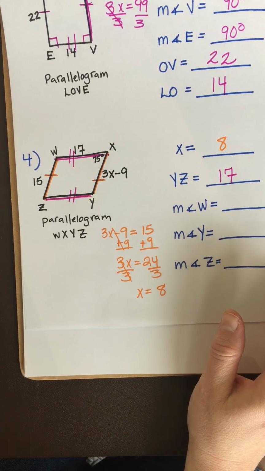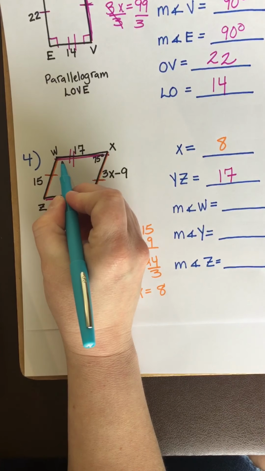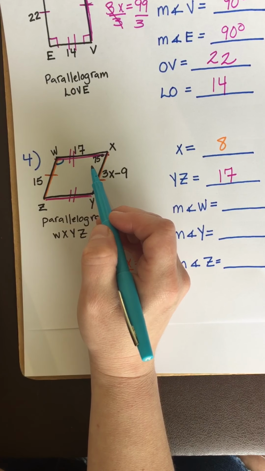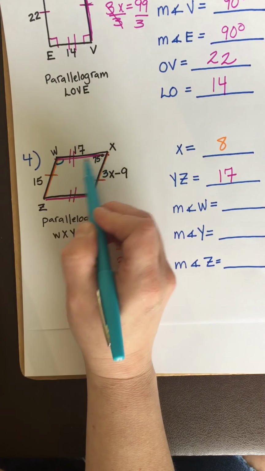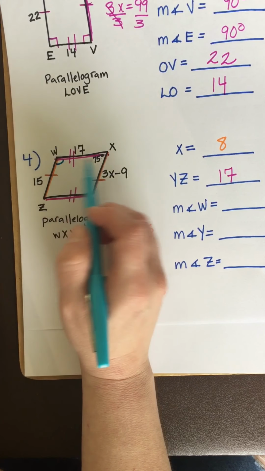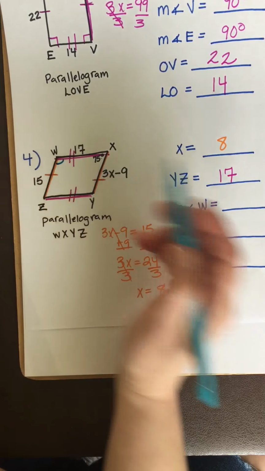All right, for the next part, it wants the measure of angle W. So here's angle W. I have angle X, which is 75 degrees. And I know that these two angles have to do what together? They're consecutive angles inside a parallelogram, so they must add up to 180 degrees.